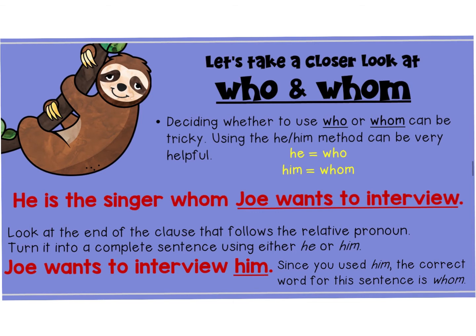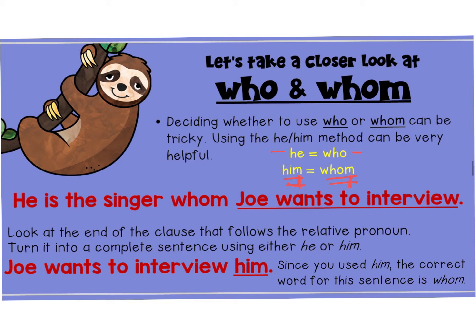Now, let's take a closer look at who and whom. Deciding whether to use who or whom can be very tricky. Using the he or him method can be very helpful. So if we can change it to he in the sentence, we're going to use who. If we can change it to him, we would use whom. Whom and him both end in the letter M too.